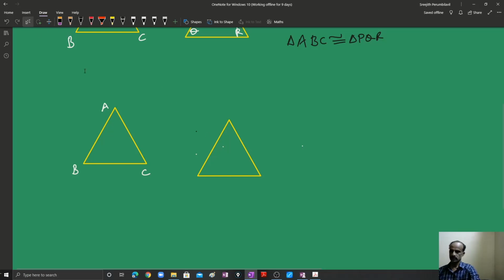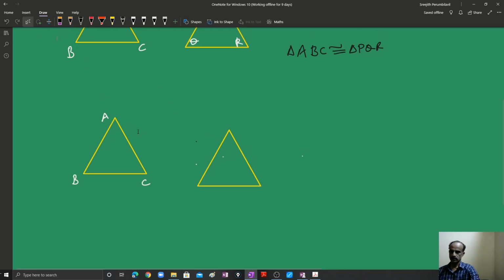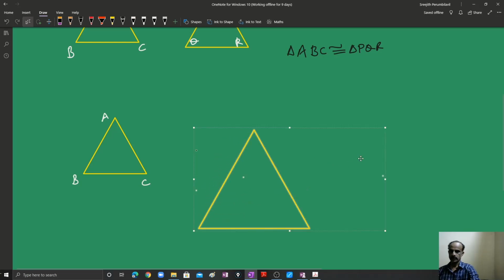This triangle I'll put a little larger, right? I'll name it triangle PQR.